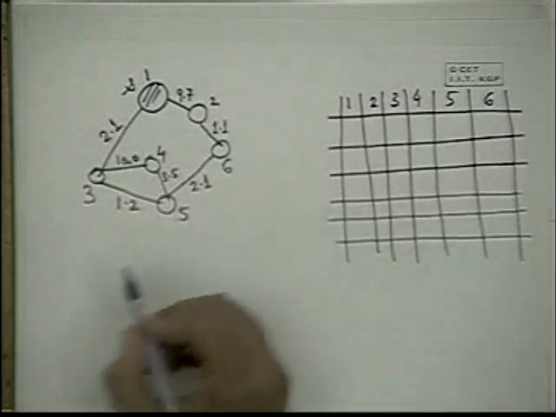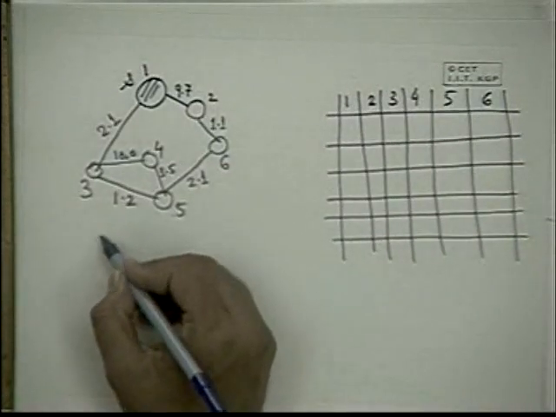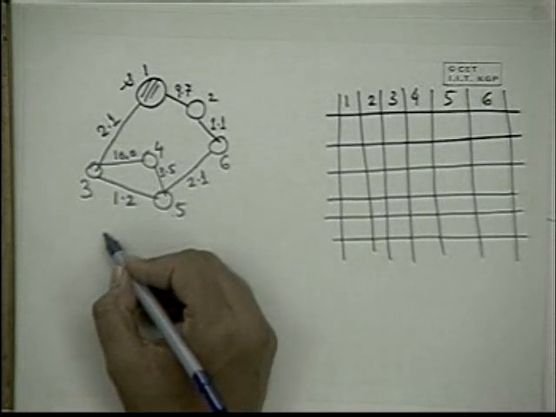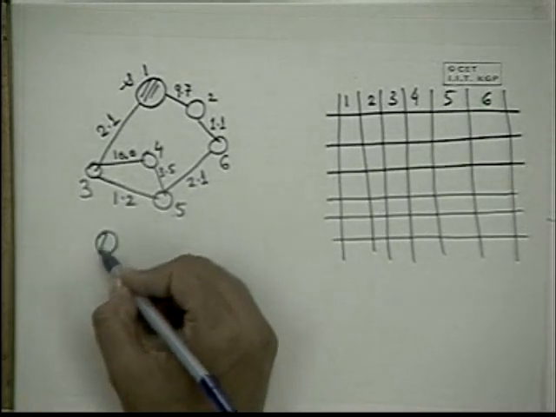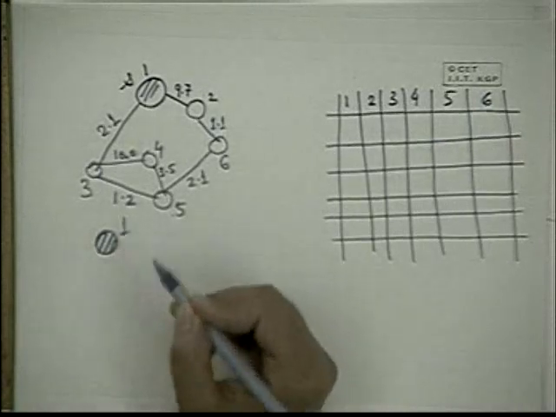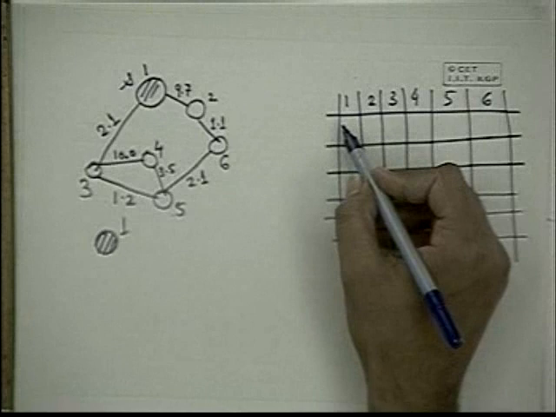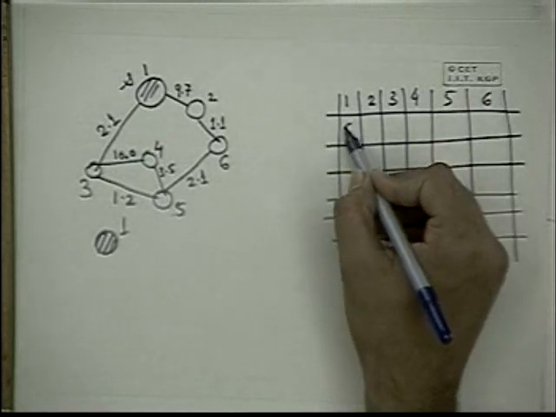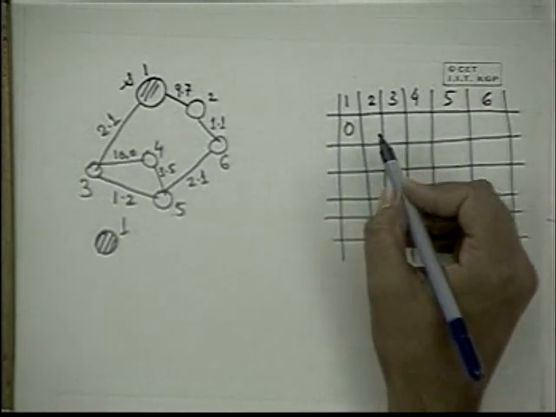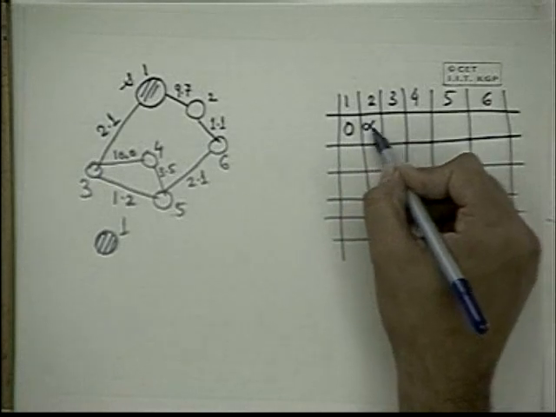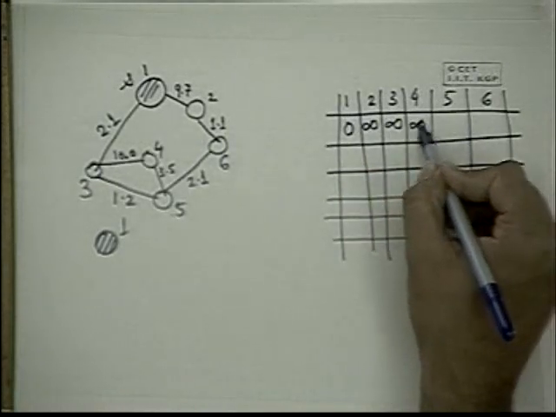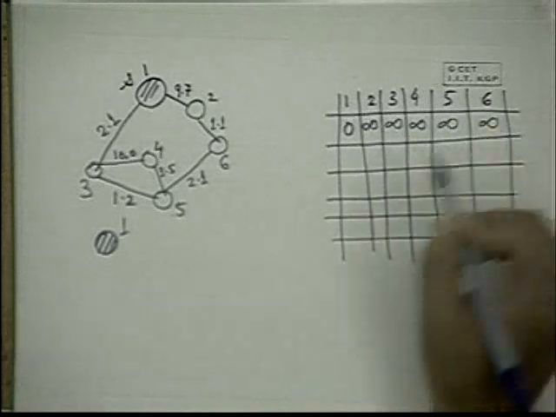So initially, what is the stage? You have chosen only vertex 1, that is your initialization. The weight of vertex 1 is 0, and everything else has weight infinity.